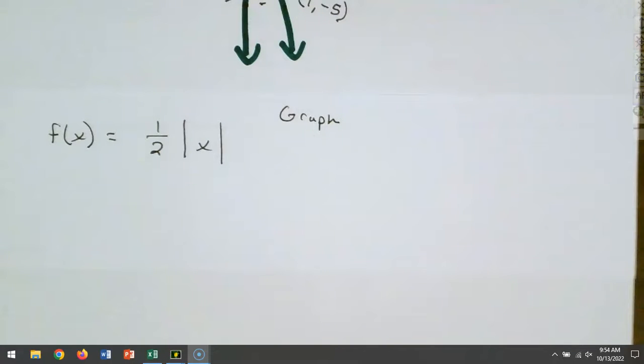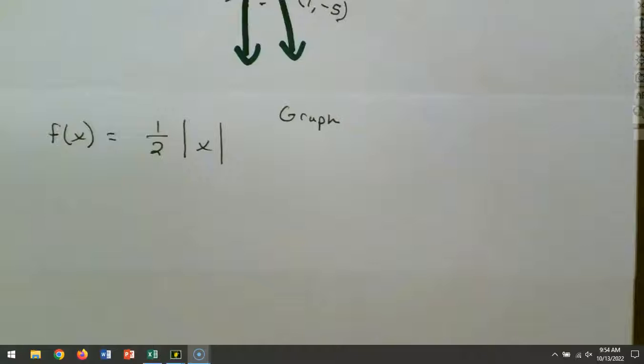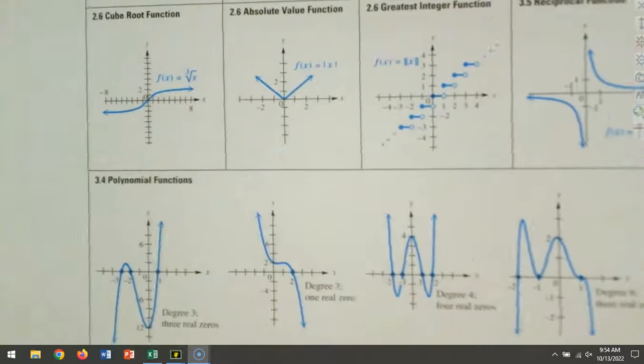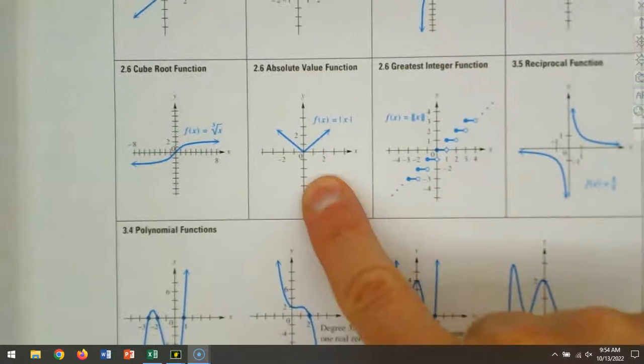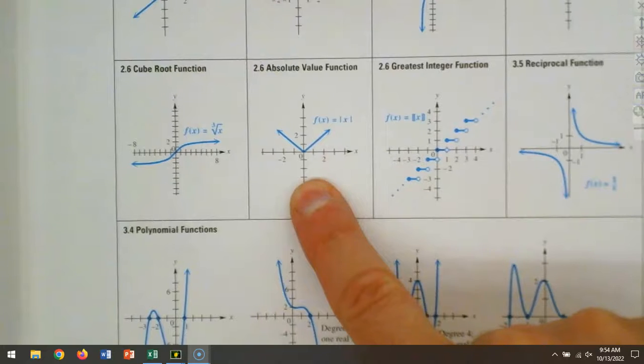Well, if we want to graph this one, and we go to the back cover of our textbook, what operation is involved? Absolute value. So what should it look like? It should look like a V.